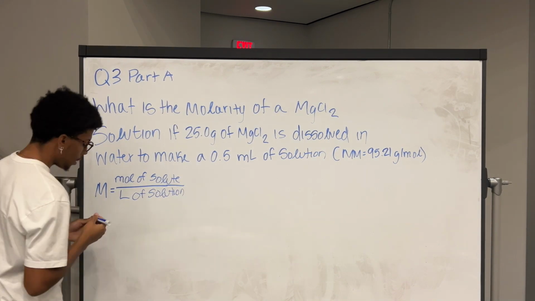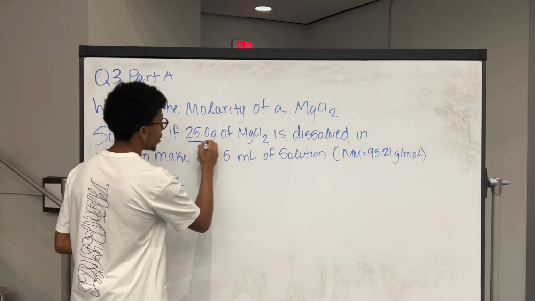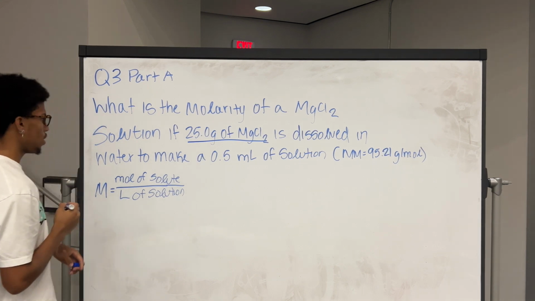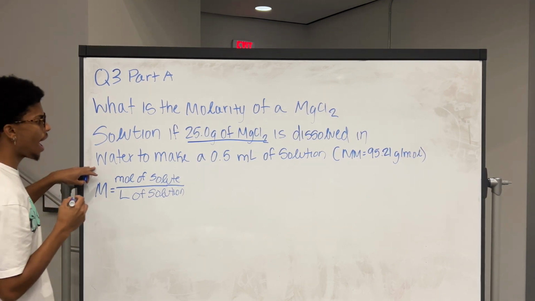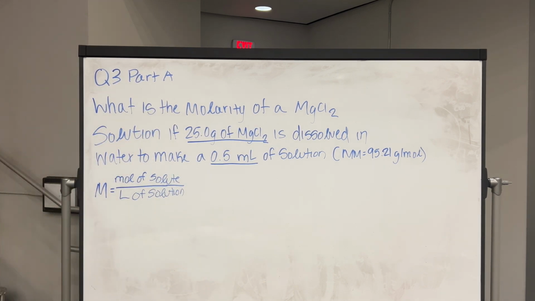So we first need to identify what is the solution and what is the solute in our question. It says, what is the molarity of a MgCl2 solution if 25 grams of MgCl2 is dissolved in water? So this tells us the grams of solute, and water is our solution, and we have a 0.5 ml solution.